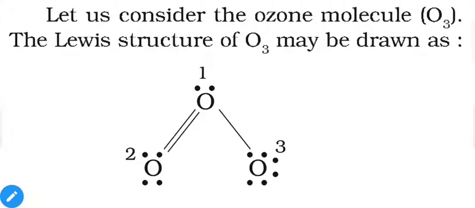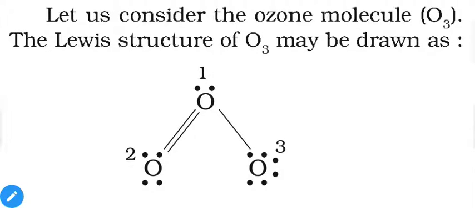To understand this point, ozone will be a very good example because it contains the same type of atoms in three different conditions. As you can see, we have a total of 3 oxygens. The first oxygen contains one lone pair, one double bond with one of the oxygens, and a single bond with the next oxygen.